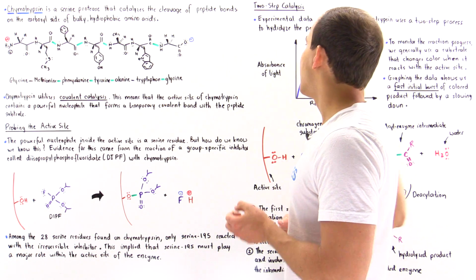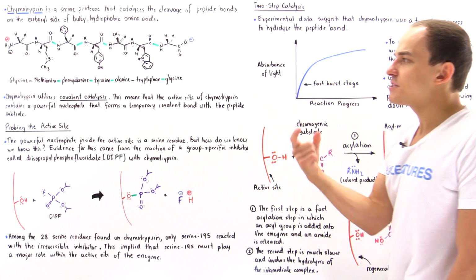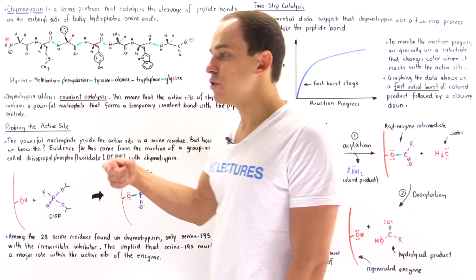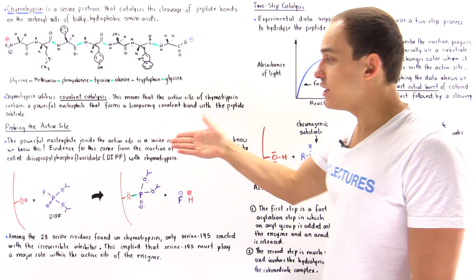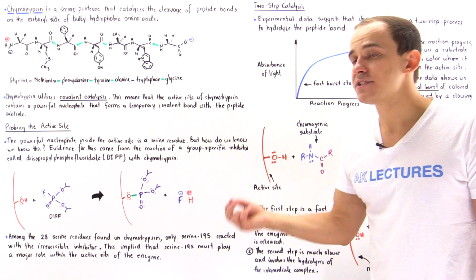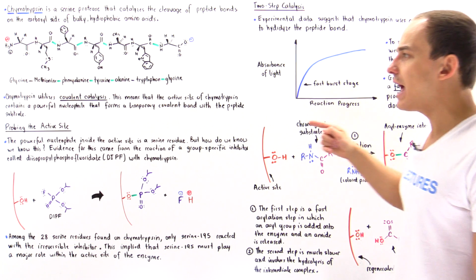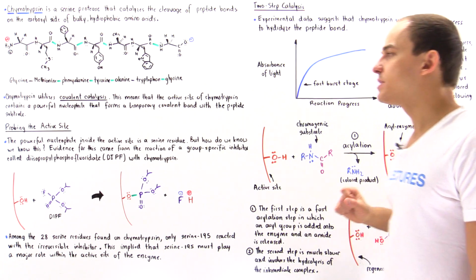Once again, to monitor the reaction progress, we generally use a substrate that changes color when it reacts with the active site. When this special substrate reacts with the serine inside the active site, it produces a product that has a certain color, and we can monitor the color change and the absorbance of light as that product is produced.